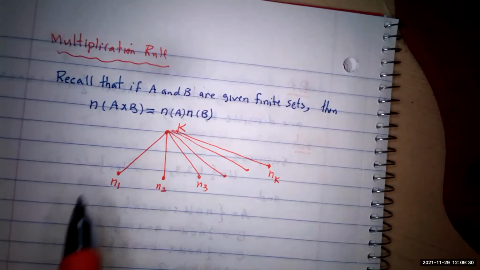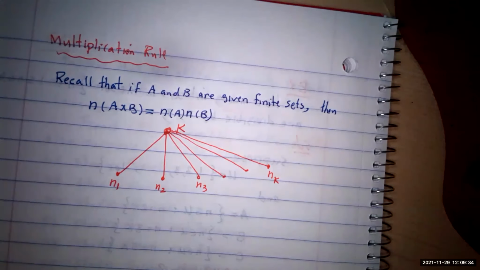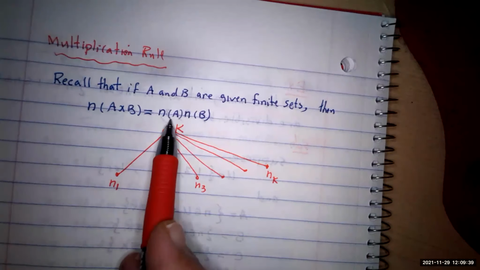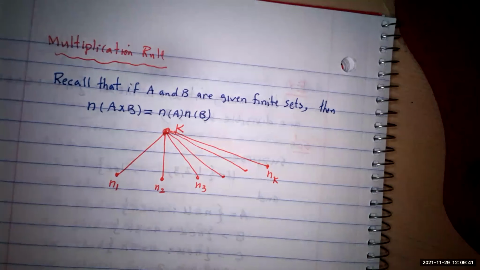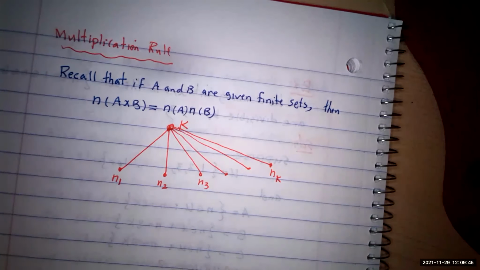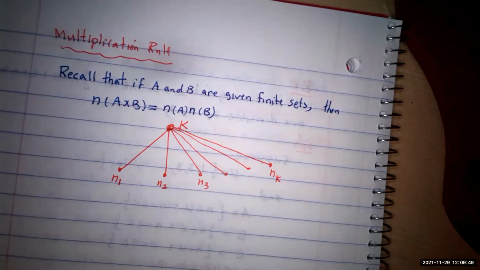So in order to do the job, we would have K steps. Step 1 is picking from A, step 2, step 3, and so on. So in order to do the job, which contains K steps, we break it into different parts.